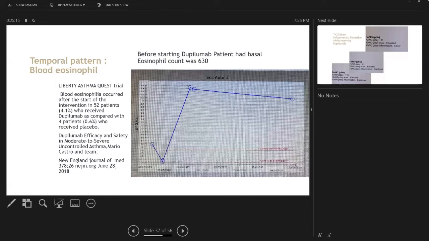So there is this 4% of patients who might develop eosinophilia. And this was in the New England Journal of Medicine. But I noticed that in that same article, they said 7 out of 15 patients actually had to stop dupilumab because of the eosinophilia. I don't know why. Is that because of the number or was there something else?